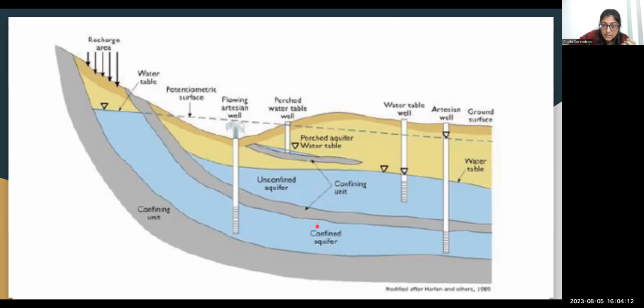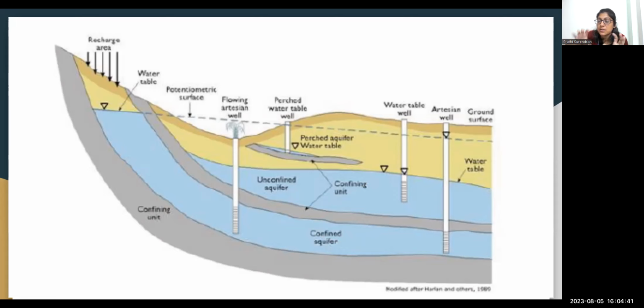But when you see the confined aquifer over here, it has got a confining unit. It can be an aquifuge, or it can be a clay layer that is sandwiching this aquifer material in between the two confining units, which is actually resulting in a pressure that is developed in this confined aquifer. So when a question comes, what is the pressure on the water in a confined aquifer?